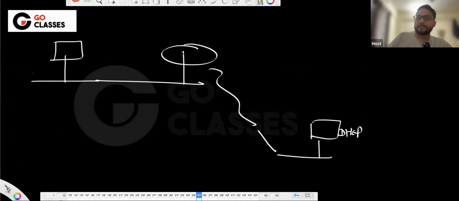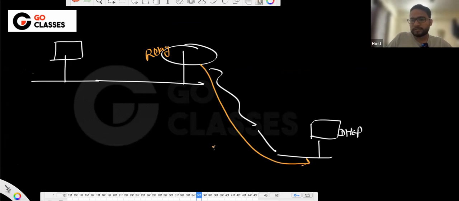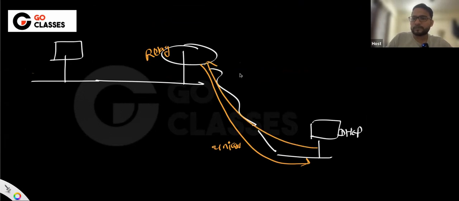Now what will this DHCP server do? The relay agent will send the unicast to this one DHCP server, and then the server will be sending the unicast to the relay agent. Okay, these will be the unicast messages.